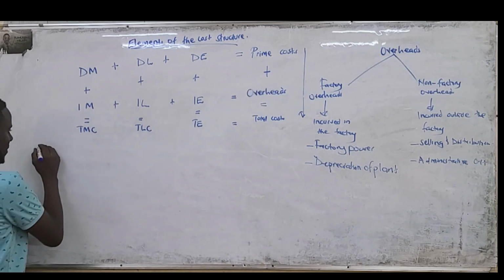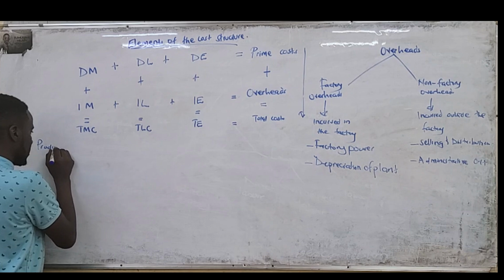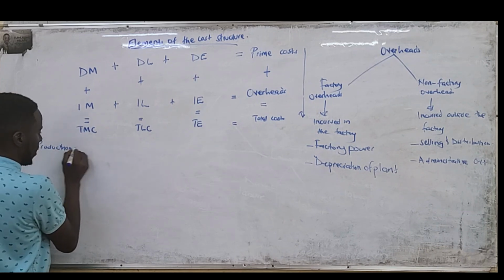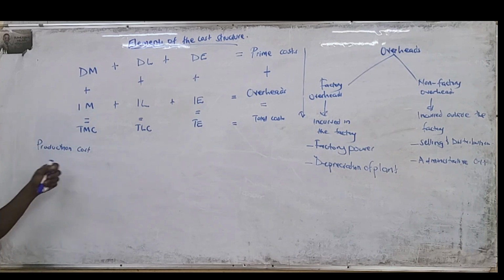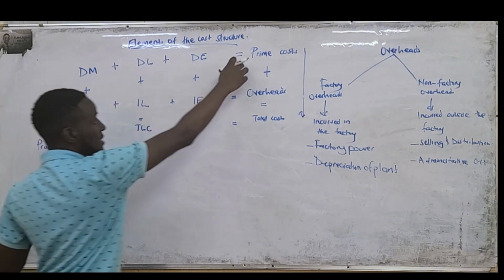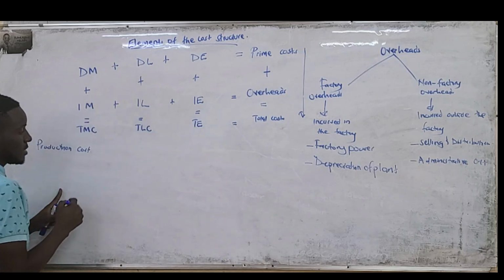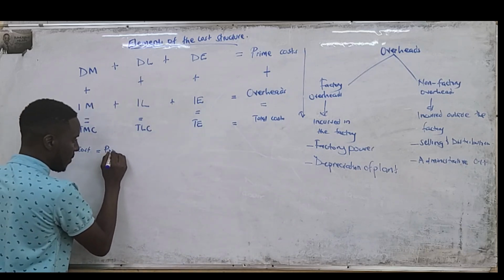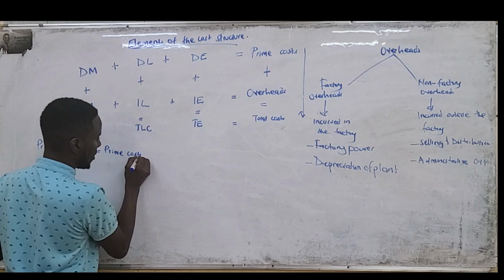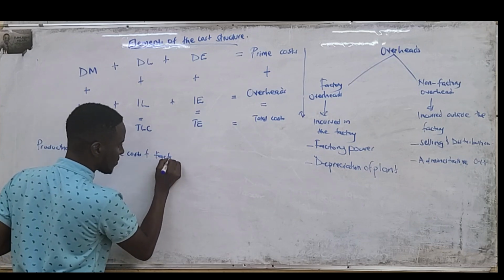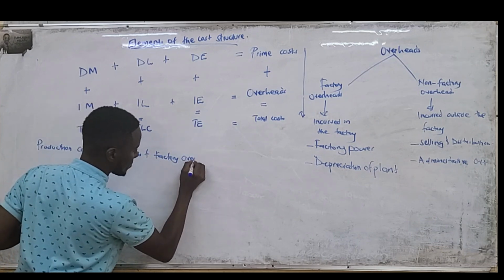Now, allow me to talk about something they call production cost. Production cost is the cost that has prime costs and factory overheads alone. So it is prime costs plus the factory overheads.